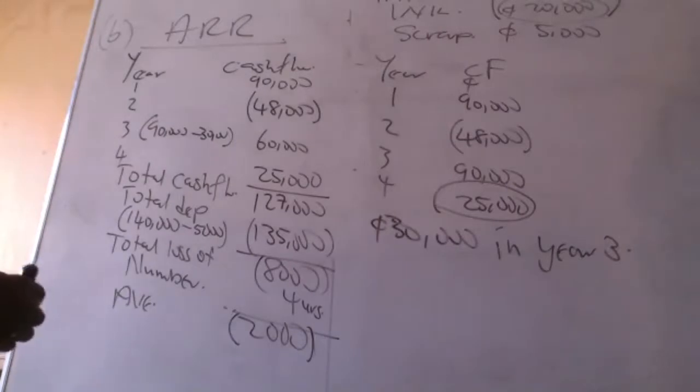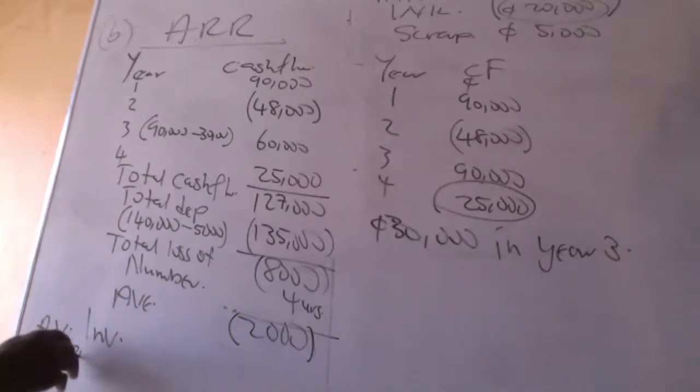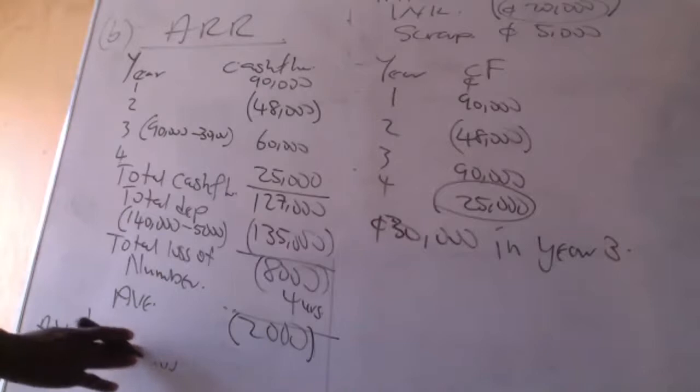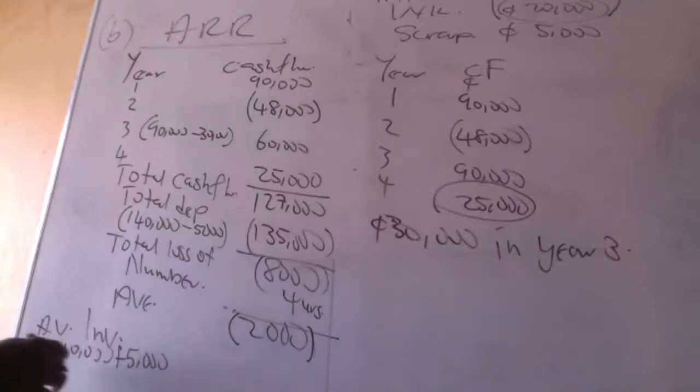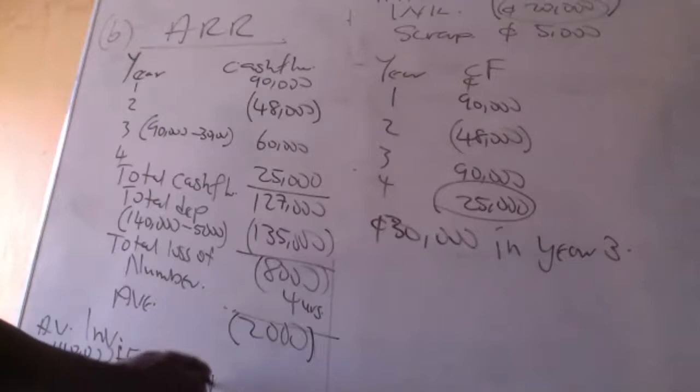The average investment will be 140,000 plus the scrap value of 5,000, all divided by 2, plus the 20,000 working capital.